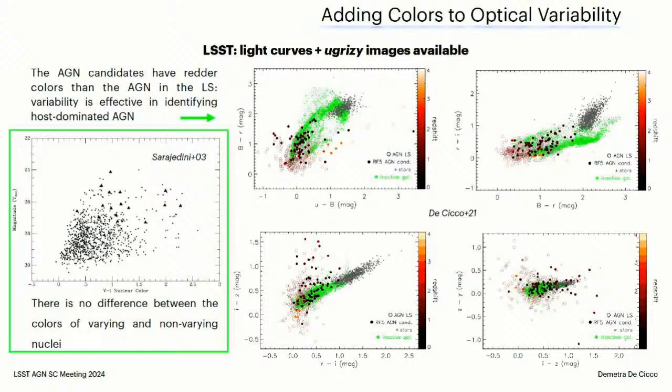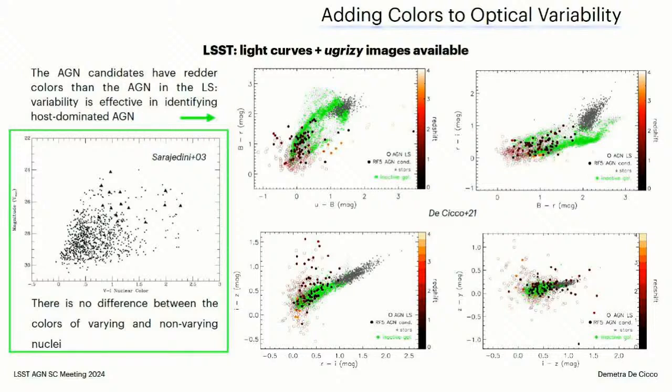Indeed, what you see here are empty circles that are our label set. We use this label set to select AGN based on a random forest classifier. Essentially, we combine variability features, colors, and a morphology indicator. So the label set is represented by the empty circles. The AGN candidates are the filled circles.